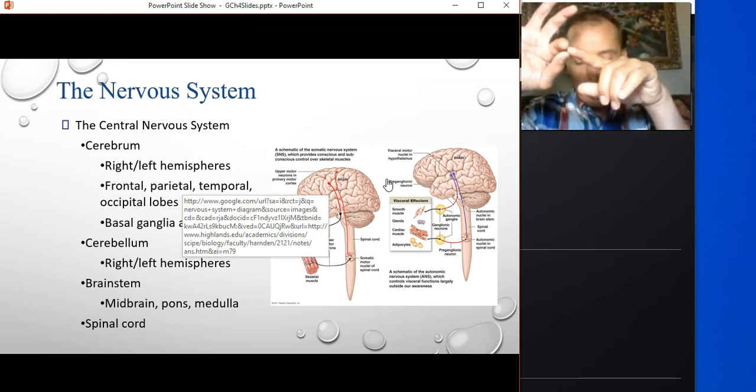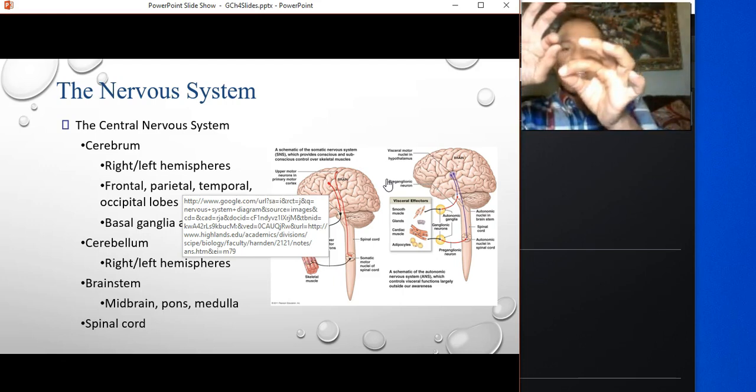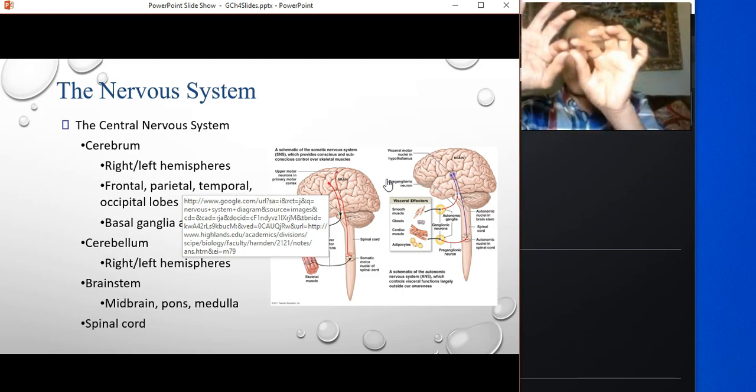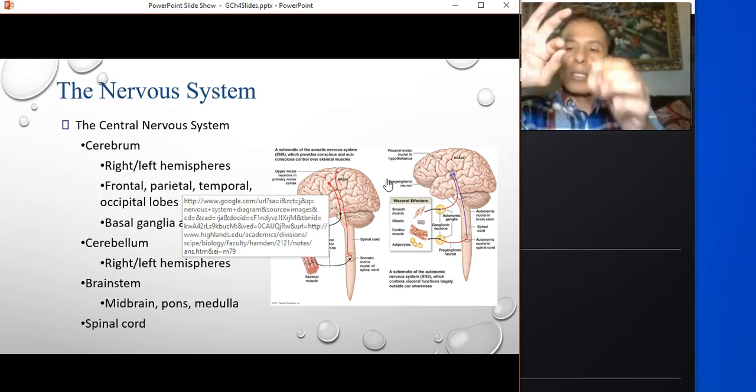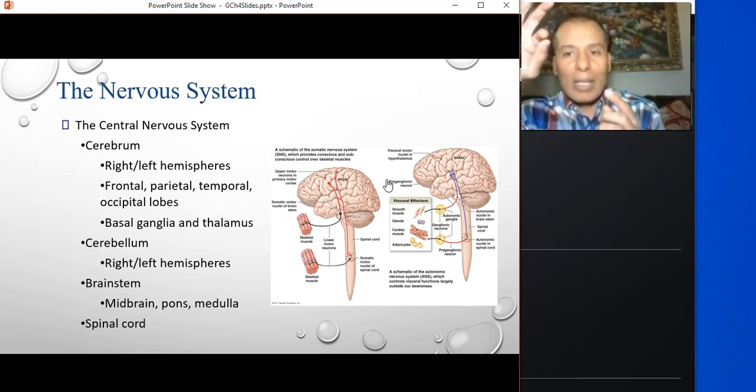So a cell body, say, would reside here, and then it will send down its axon, and hundreds and millions of neurons send down their axons. So again, the gray matter, cell bodies, and then as you go down, these little threads that are insulated with myelin.